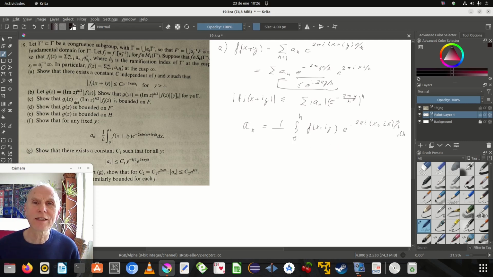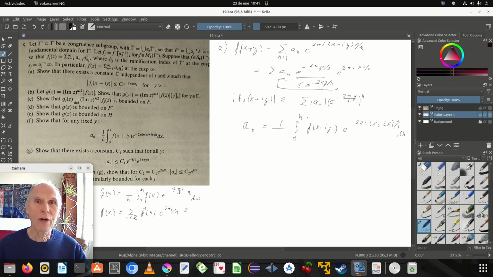I'll just find the correct expression. It turned out I didn't have it anywhere in my books, so I derived it by myself and believe this is the thing. And that means it's 1 divided by h. And then this is it.